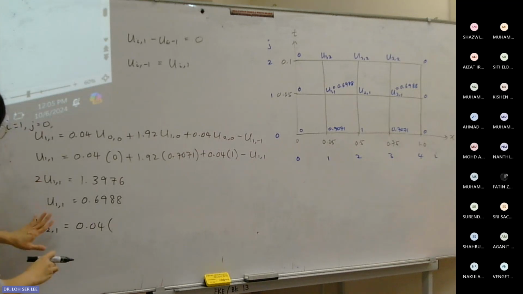If you are not sure, you can compare this one to the formula Uij plus 1. So I is 2, j is 0.